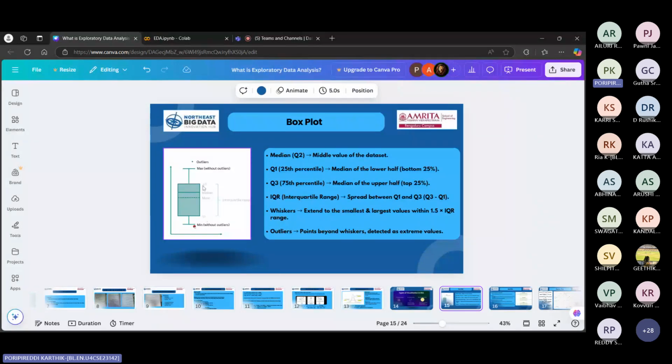And anything which goes above the max, like in the previous example, the guy who has 10,000 in his bank account, is an outlier. And here, as we can see, the box between Q3 and Q1 is the interquartile range. And the median here is Q2, which separates the box into two halves.